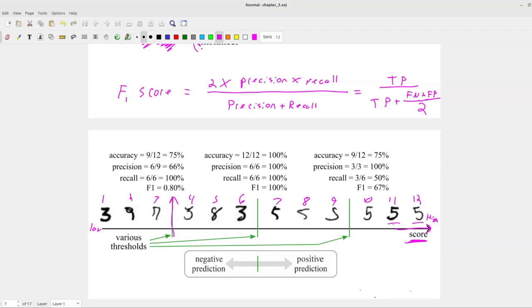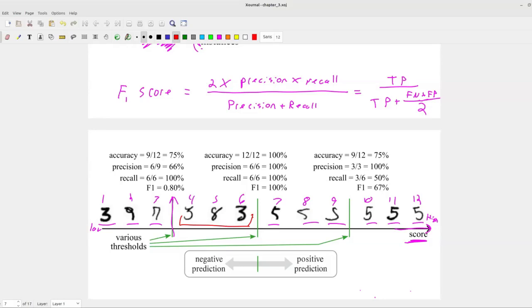We have 1, 2, 3, 4, 5, 6, 5 that are classified as a 5. And we have 3 true negatives, 3, 2, 7. And what's misclassified here with this threshold are this 3, 8, and 3. But those aren't counted in the accuracy, at least not in the numerator. They are in the denominator.